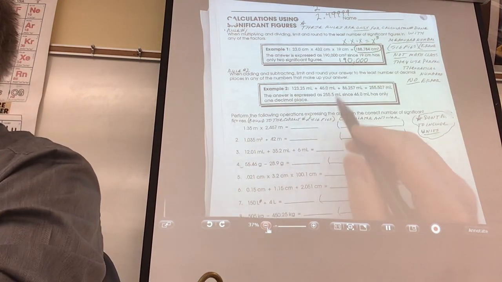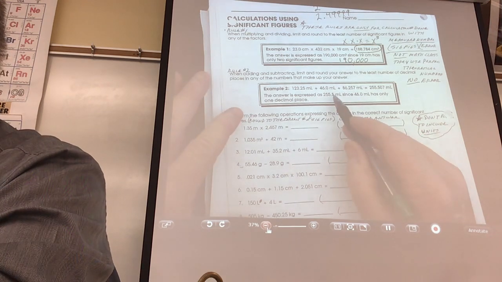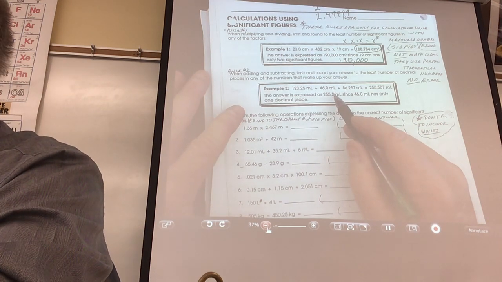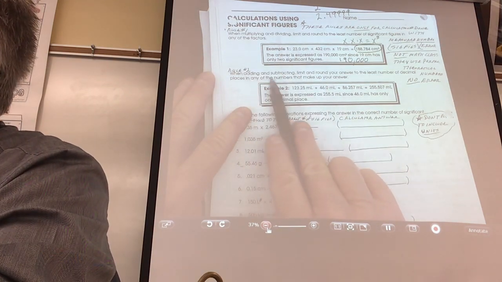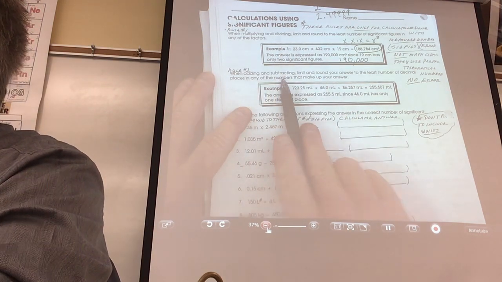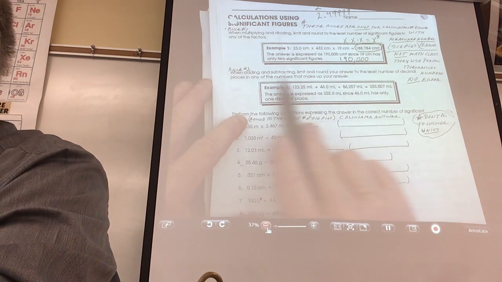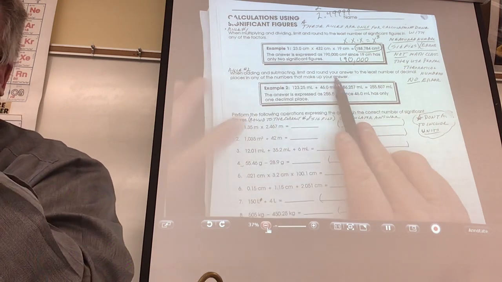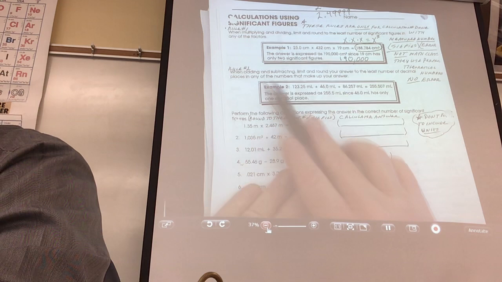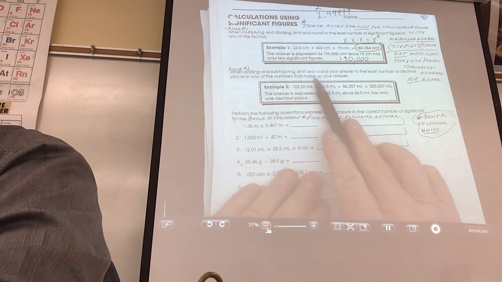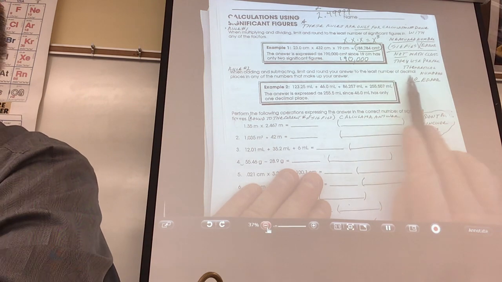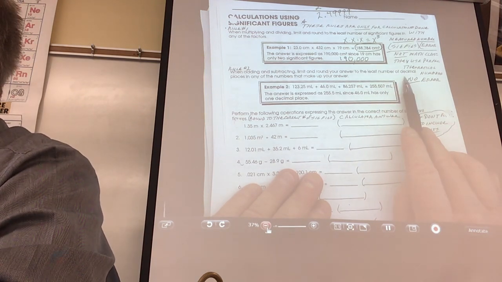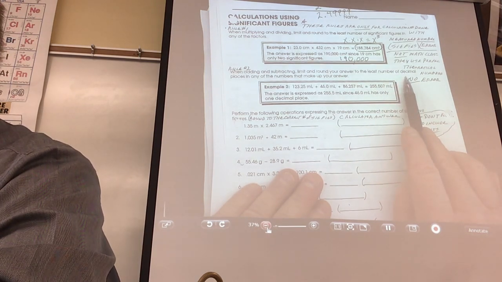Now, the statisticians told them that you don't want to be a liar, so that's the rule you have to follow for that. Look at this rule here. What about when you add or subtract measured numbers with significant figures? When you add or subtract, I wish it was the same rule, but it's not. What does it say? When you add or subtract, round your answer to the least number of decimal places.